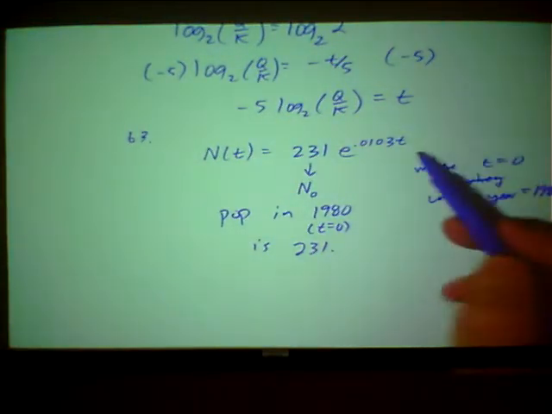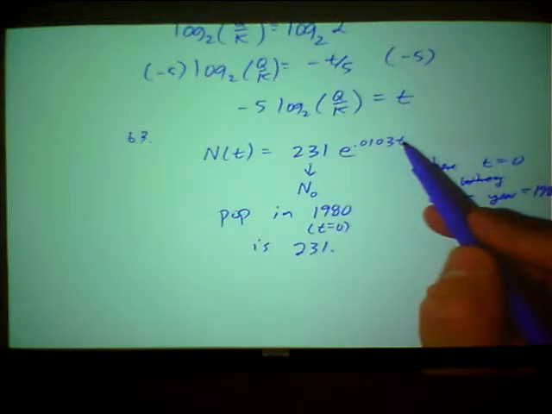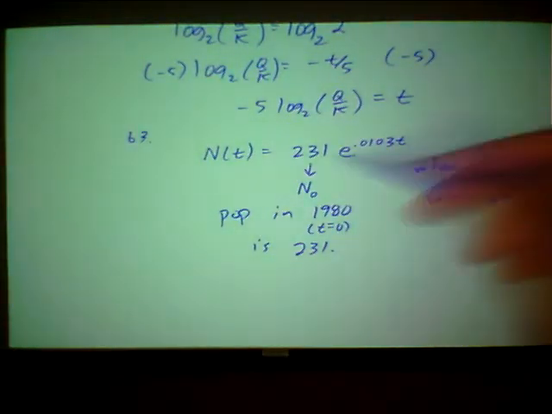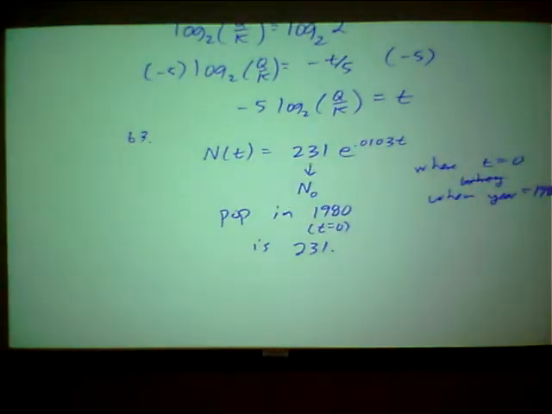That makes sense, because if I set t equal to 0 inside that exponent, e to the 0 is 1, so the population is 231. So now it's asking me, how long will it take for the population to double?